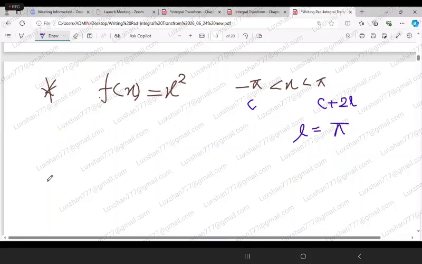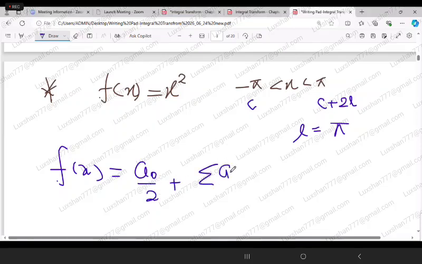So first of all, we know that f(x) equals a naught by 2 plus the summation of an cos(n pi x over L) plus bn sin(n pi x over L).